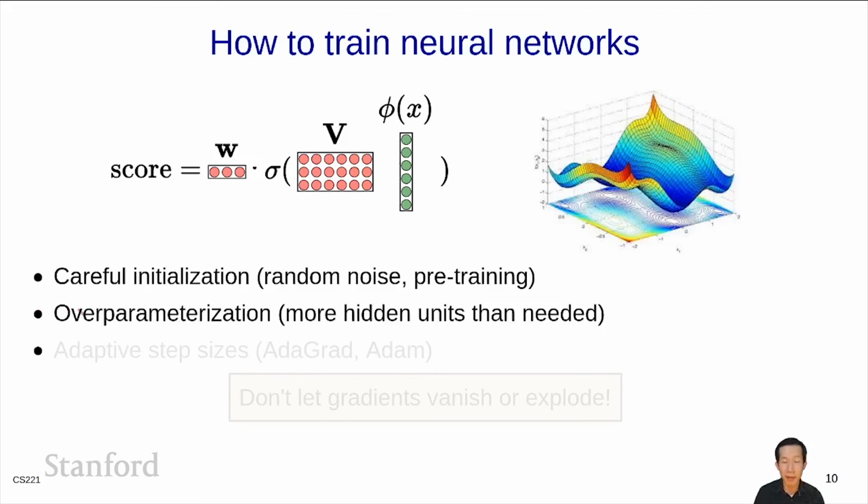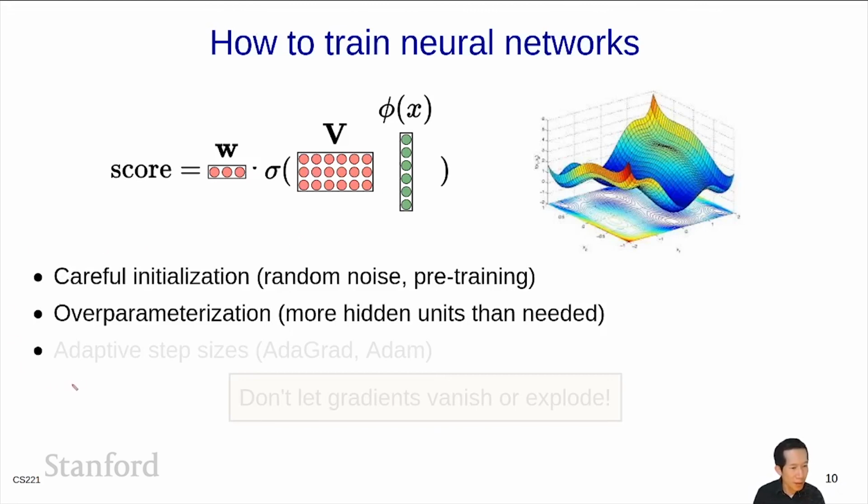Another thing that people do is called overparameterization. This corresponds to adding more hidden units than you really need, which corresponds to having a lot of rows of this matrix. The idea here is that the more hidden units you have, the more quote-unquote chances you have of having the network learn something reasonable about your data. Some of the units might die off and not be very useful, but maybe some fraction of them will actually be useful.